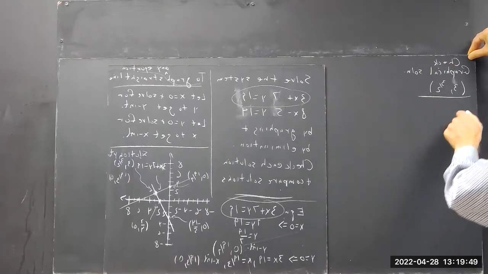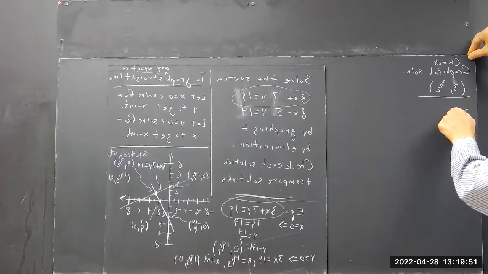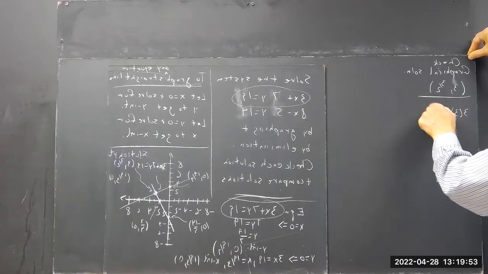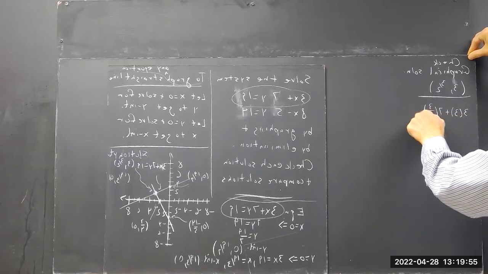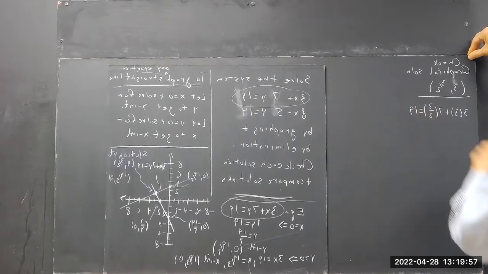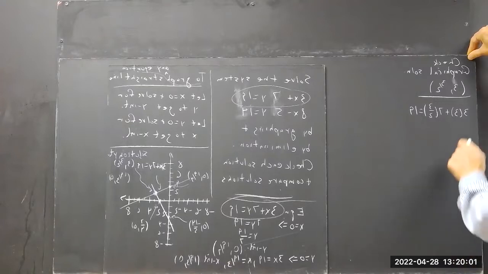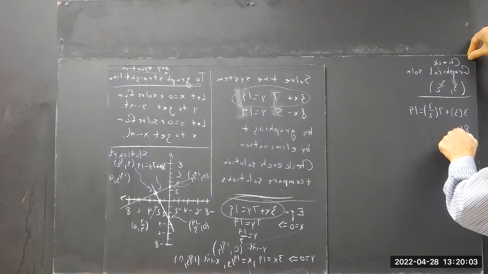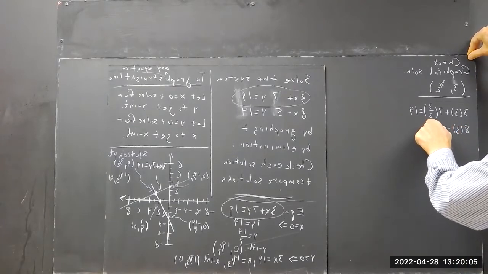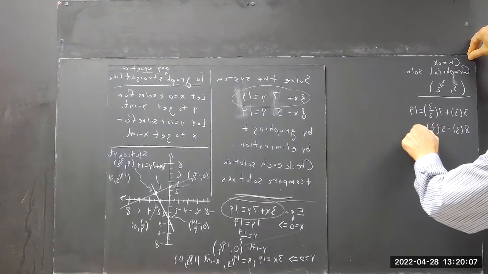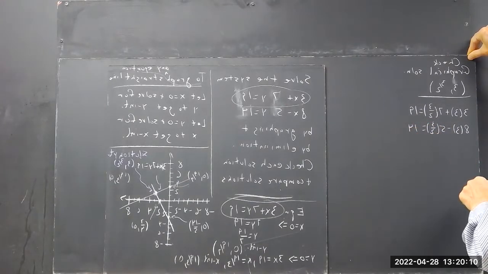Okay, putting into our equations, we get 3 times 3 plus 7 times 3 halves equals 19. And we get 8 times 3 minus 5 times 3 halves equals 14.